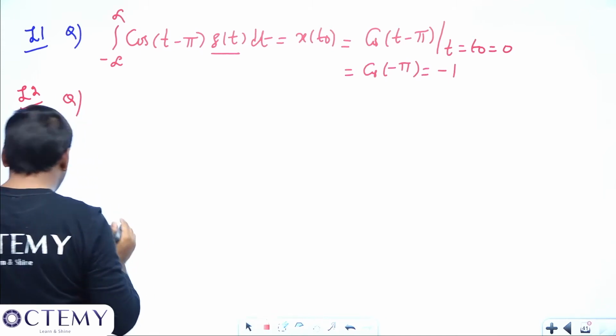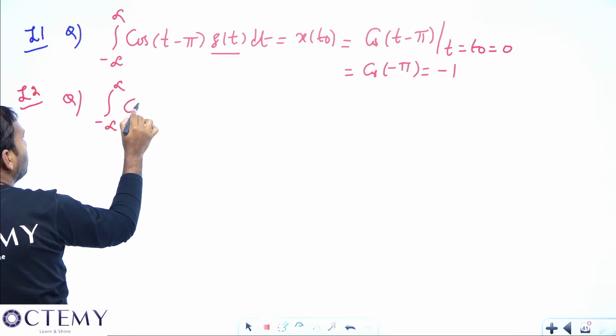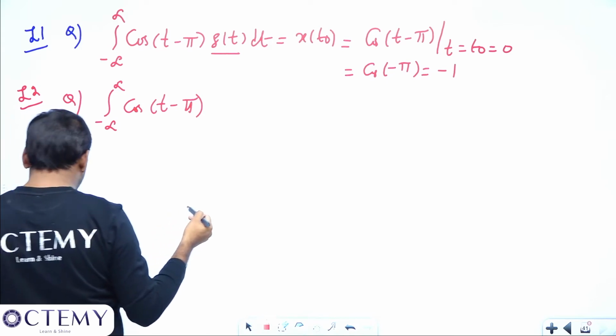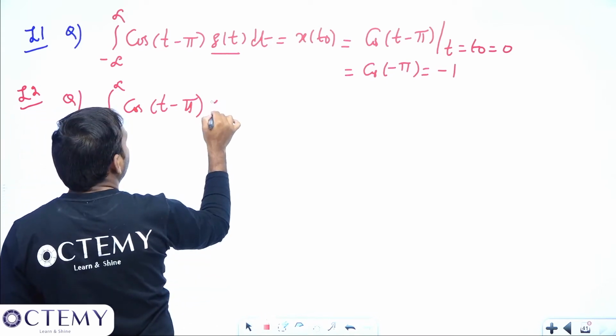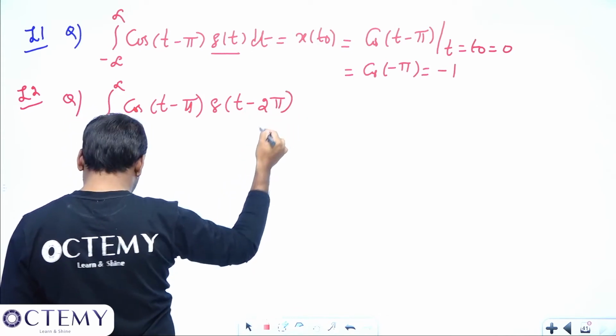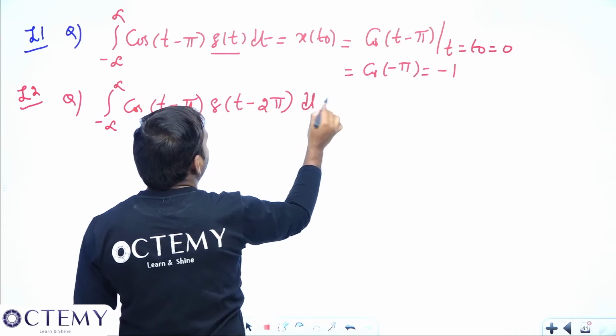The question is integral from minus infinite to plus infinite of cos of t minus pi times del of t minus 2 pi dt is equal to.